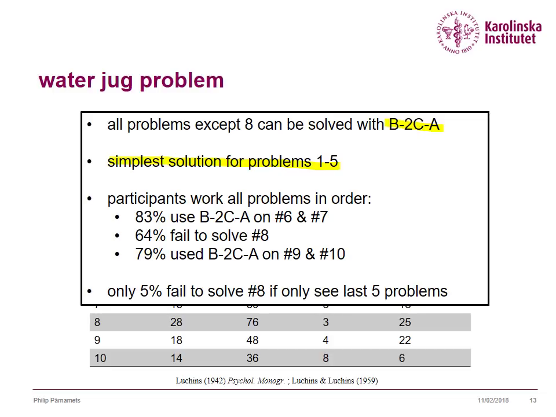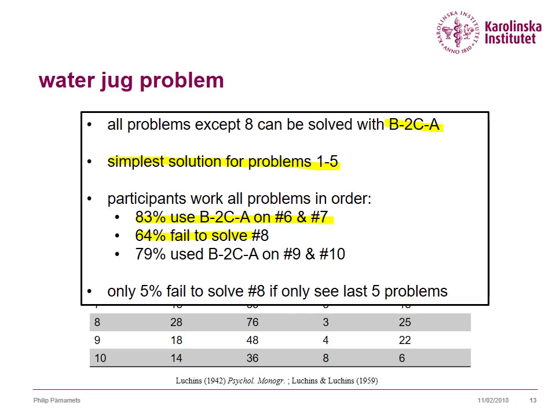And when typical participants are given this set of algebraic problems and they work on them in order, 83% will use this solution also on problems number 6 and number 7, where, and you can verify this for yourselves afterwards, there are simpler solutions than the b minus 2c minus a solution.